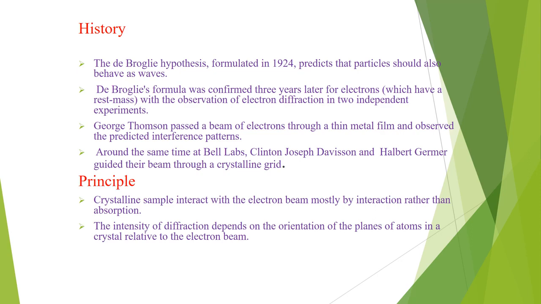George Thomson passed a beam of electrons through a thin metal film and observed the predicted interference pattern. Around the same time at Bell Lab, Clinton Joseph Davisson and Germer guided their beam through a crystalline grid.